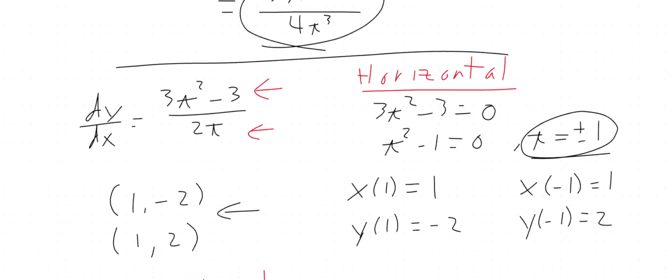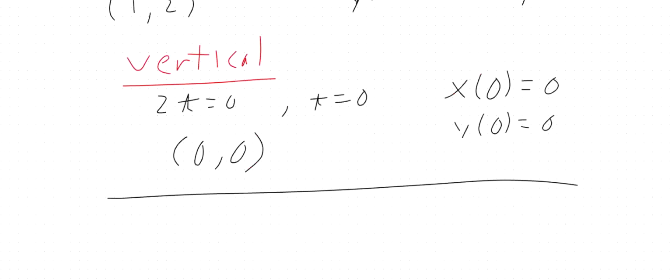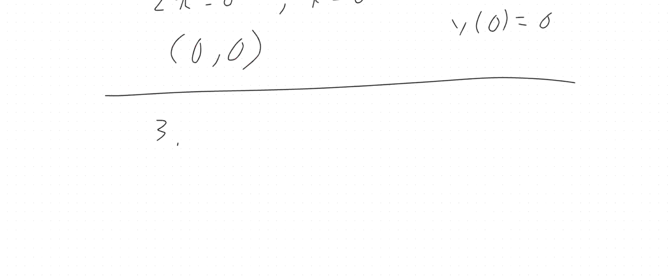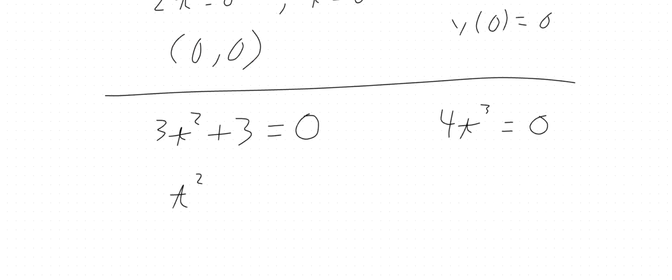So let's see where the top is 0, and then let's see where the bottom is 0. Now here it's going to be t squared plus 1 equals 0.